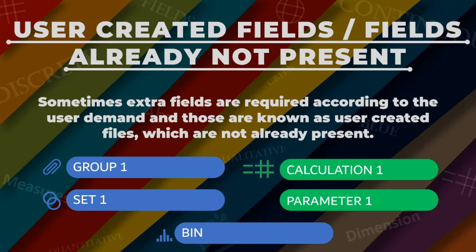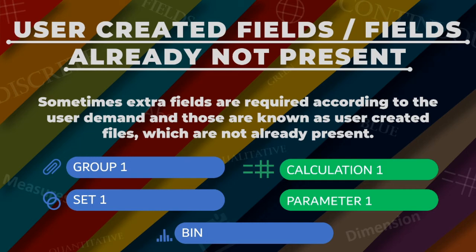Further, we have sets, and they are used to keep data together in two groups, either in the set or outside the set. I'll be covering the difference between set and group in further videos, so don't get confused between set and group.